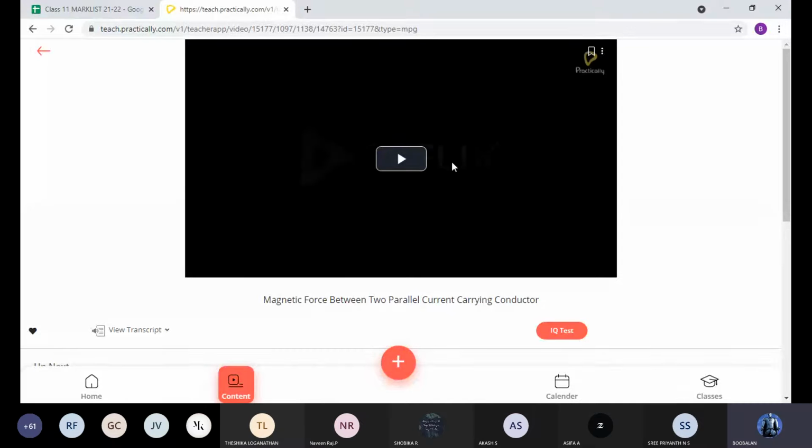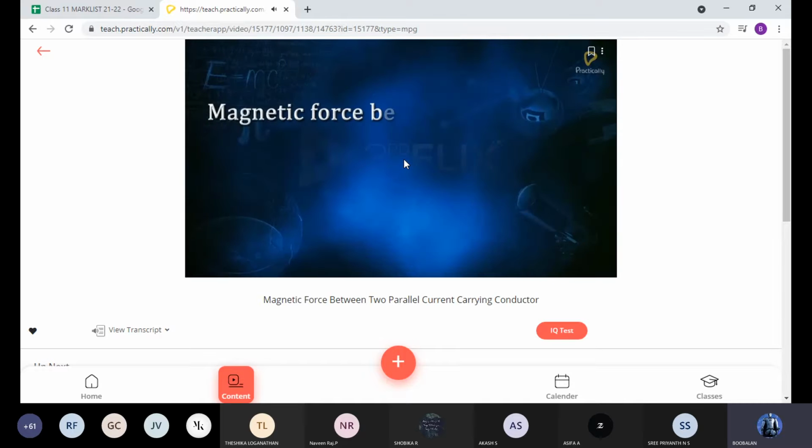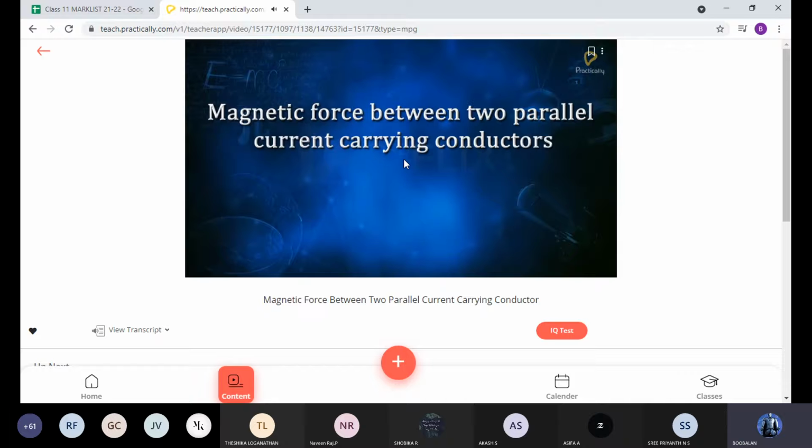Okay, now we'll discuss the magnetic force between two parallel current carrying conductors.